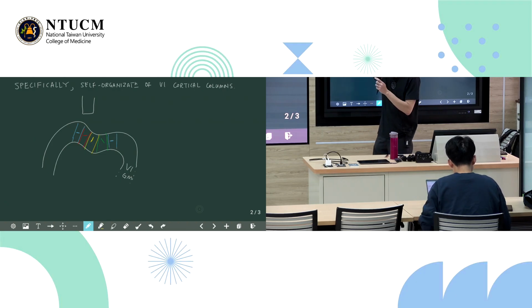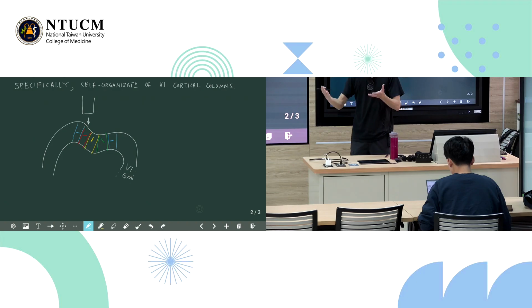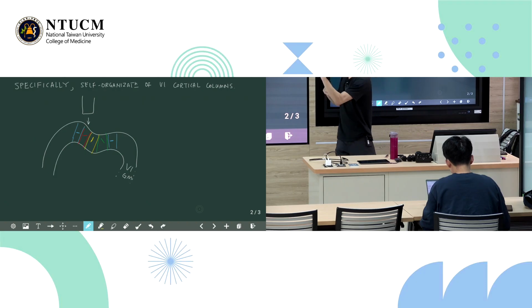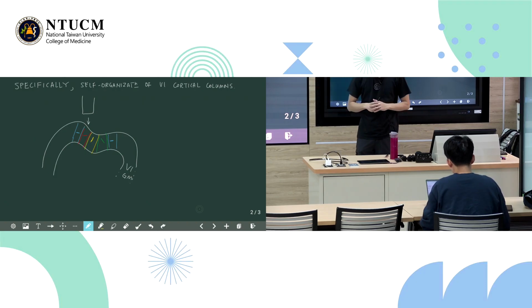So if you were to scan top down, you see what was in that colorful picture just now, these rainbow color patches. But if you cut deep into the gray matter itself, what you see is that through the whole thickness of the V1 gyrus, the column, they have the same selectivity for the orientation. But if you move to the neighbors, you get this changing of the directions, right?